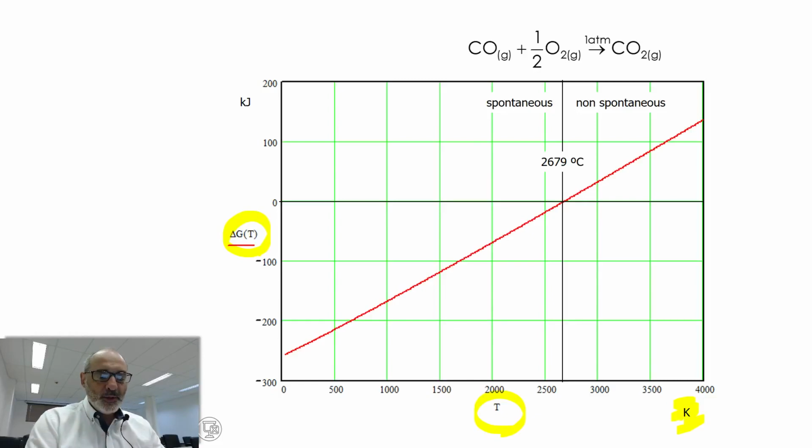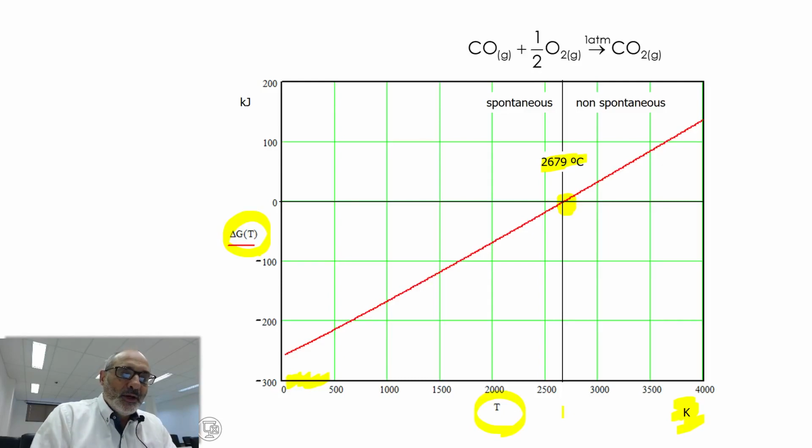So at low temperatures, well, excessively low temperatures, but anyway, starting from 0, which is unrealistic, but you know that around 2,679 degrees, delta G becomes 0, so the process is neutral.